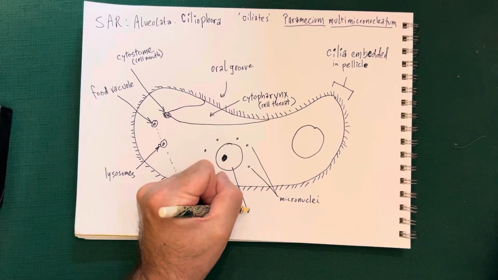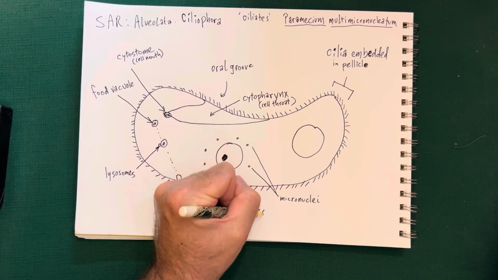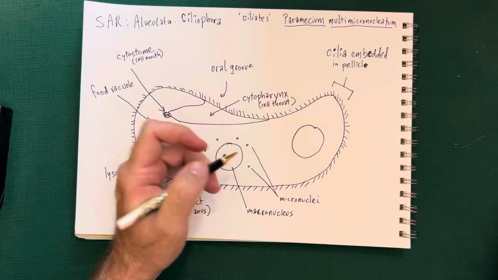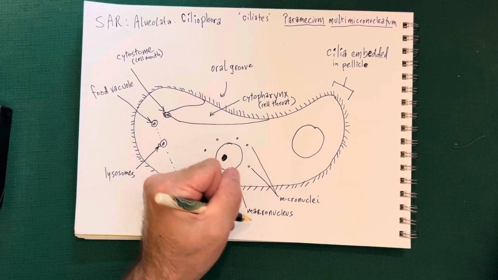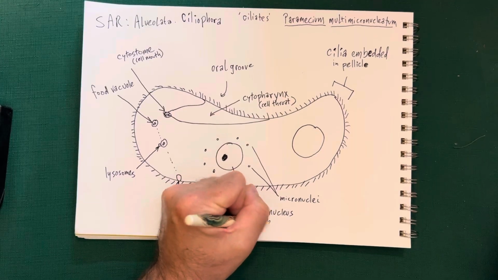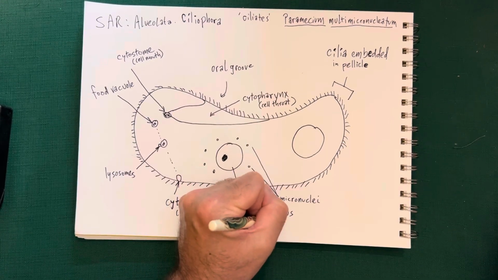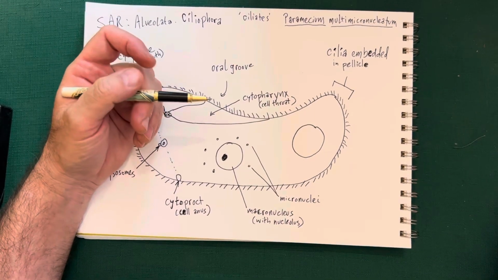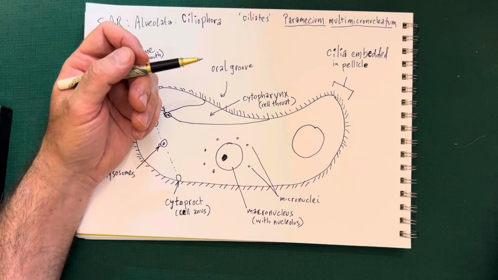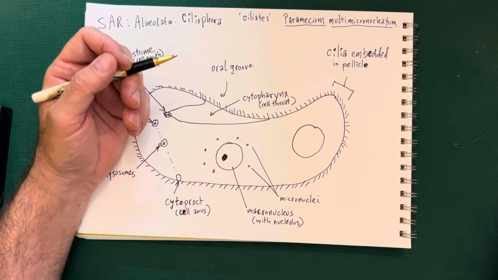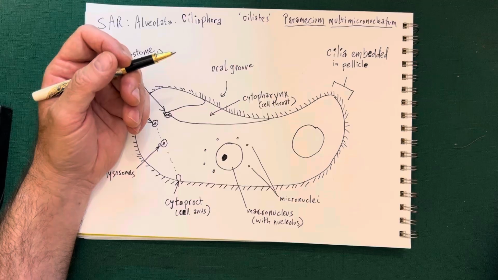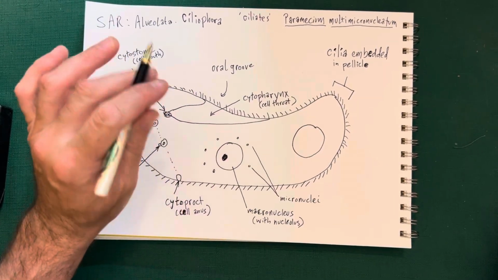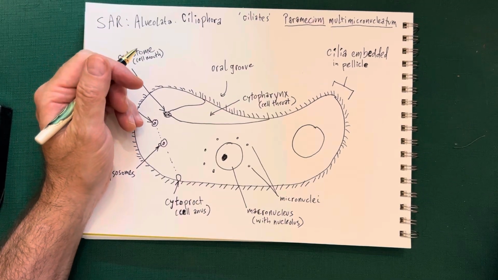And we have one macronucleus. One big nucleus and several small nuclei. And why is it? Well, it has to do with the rather complex life cycle of ciliates. Everything about them is very complex for single-celled organisms. And I'm not going to get into how that all works, but it has to do with different levels of ploidy.